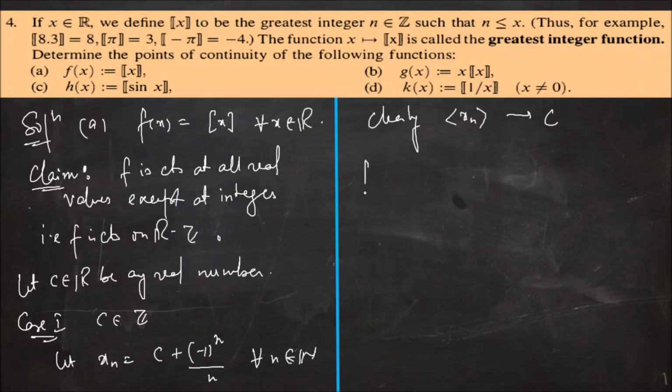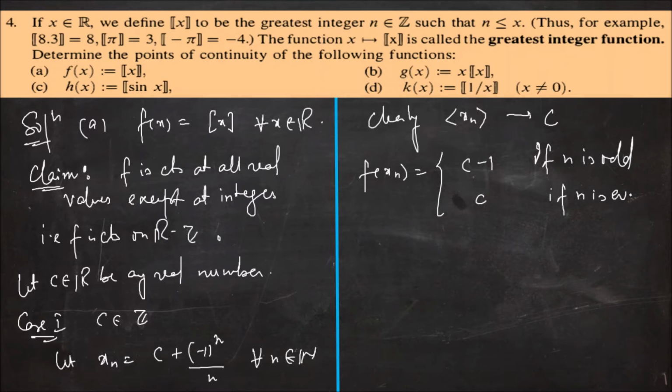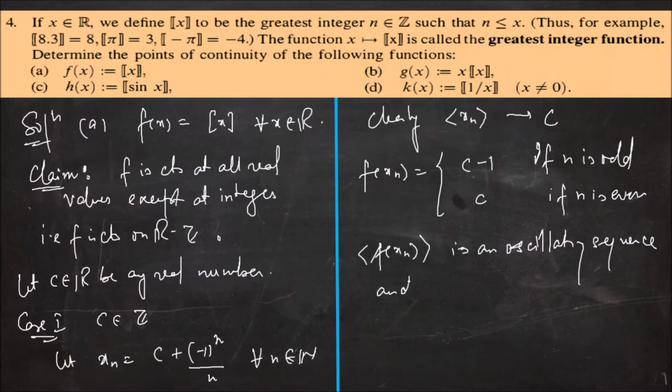Now what about f of x_n? It is easy to see that f of x_n is equal to c minus 1 if n is odd, and it is c if n is even. So f of x_n is an oscillating sequence and hence is not convergent. It can be easily seen that f of x_n oscillates between c minus 1 and c.